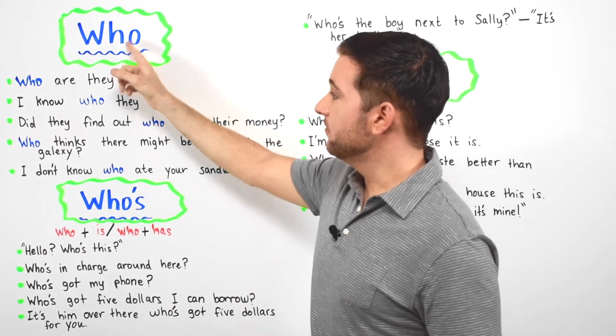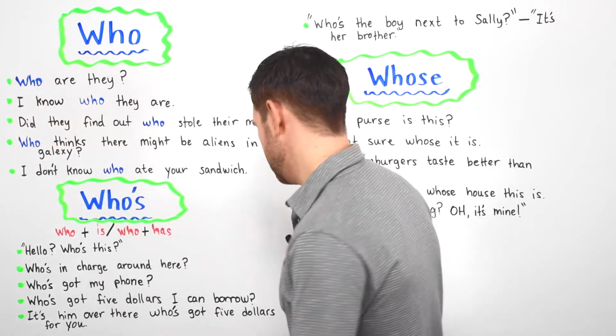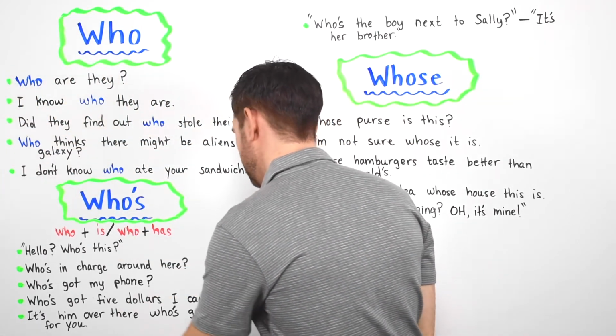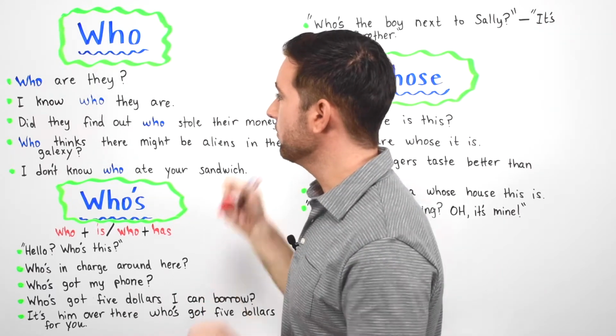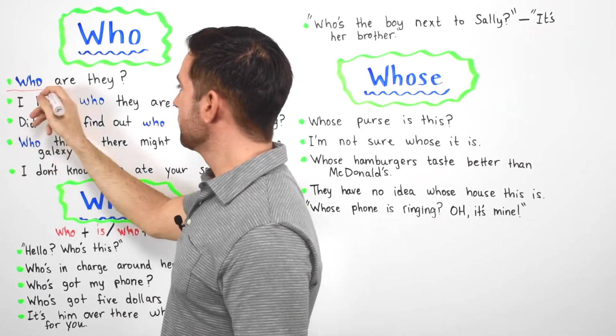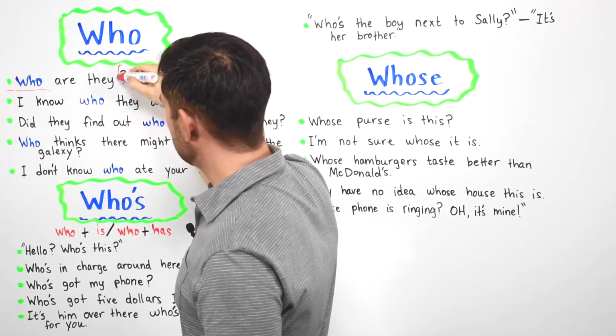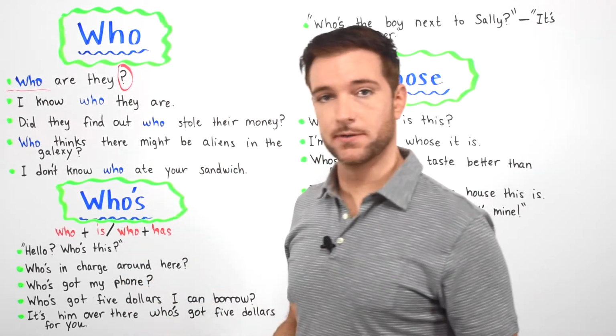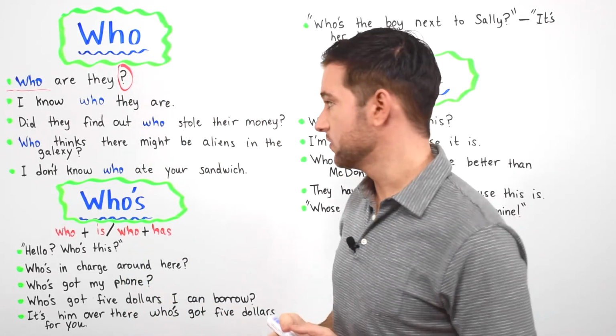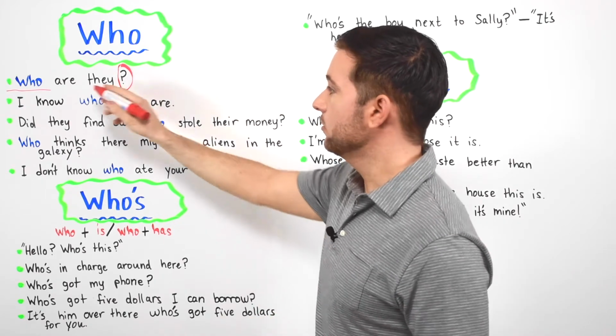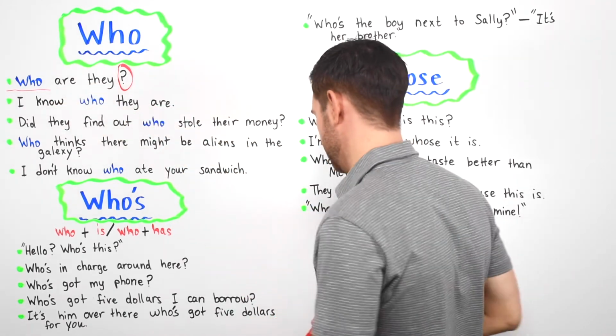Notice that we have who in the beginning of a sentence. When we have who in the beginning of a sentence, just know that afterwards is going to follow a question mark. Okay, we make a question. So, who are they? Who is in the beginning, so we have a question mark.